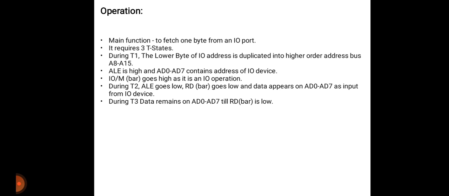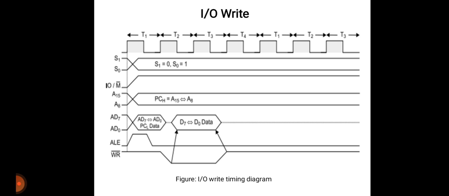The next one is our input output write. You can see the diagram of the input output write timing diagram. Here also there are 4 states T1, T2, T3, T4, but the operation is only in 3 states, and the condition for this is S1 equals 0 and S0 equals 1.